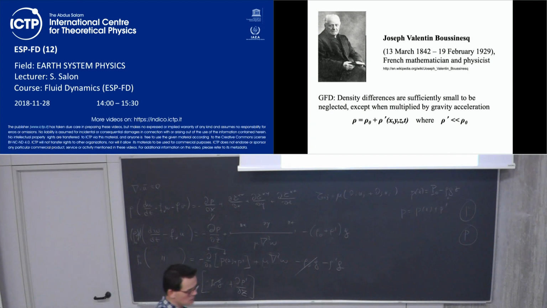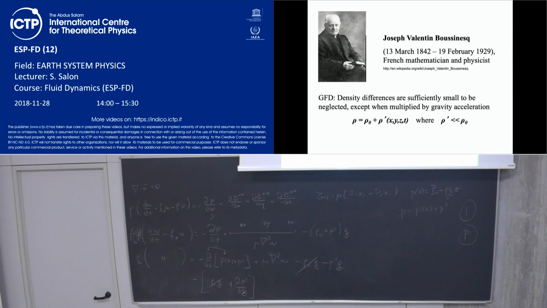So from now on, if not specified, when we see rho, it will be the rho prime. The variation is the only important thing, because rho 0 is just a constant, and p will be the p prime, which is the perturbation to the hydrostatic pressure. Okay, good.